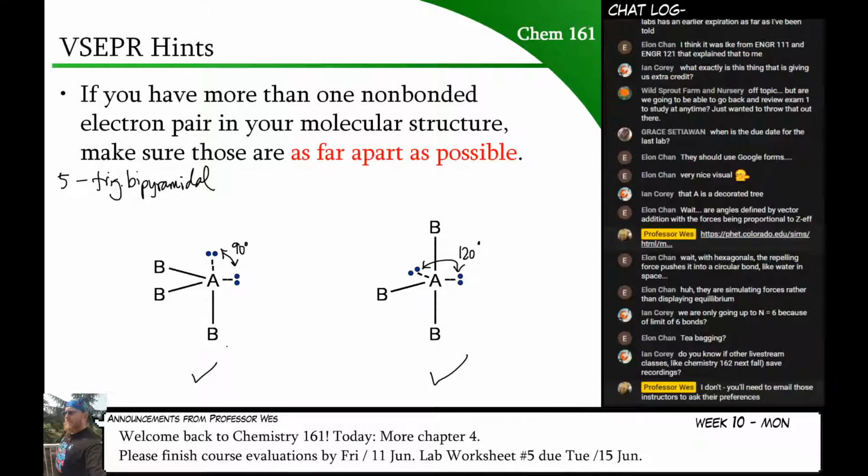Electron pairs actually are more powerful at repelling than electrons in bonds are. The reason for that is that in a bond, the electrons are between two nuclei, so they want to stay in the middle region, like in here. They don't want to go out to the far sides. But non-bonding electrons can go wherever they want to.